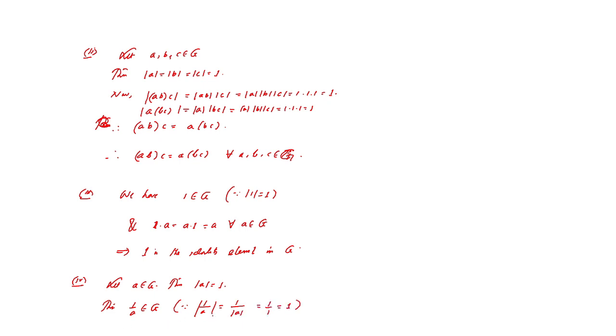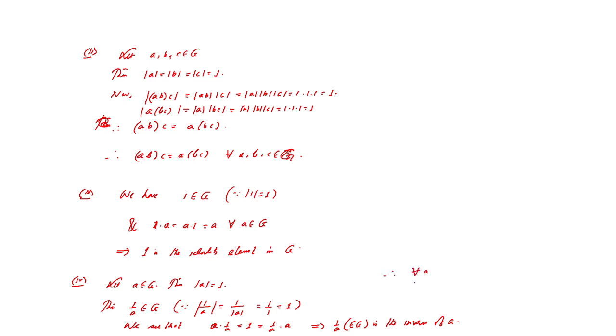So 1 by A belongs to G. Now we see that A dot 1 by A is 1, and also 1 by A multiplied by A is 1. So that implies 1 by A is the inverse of A.